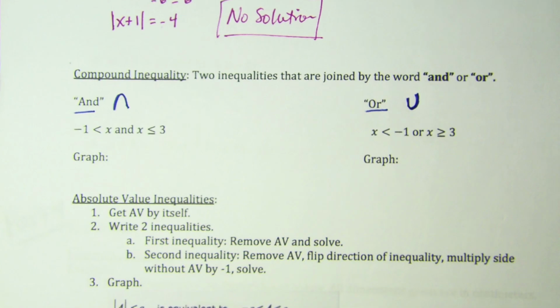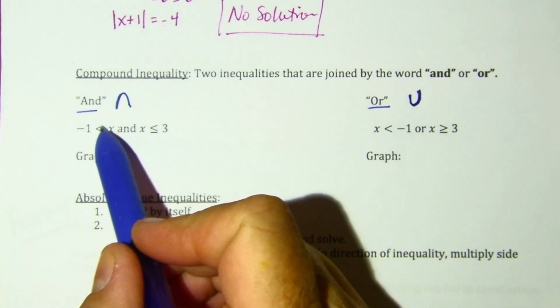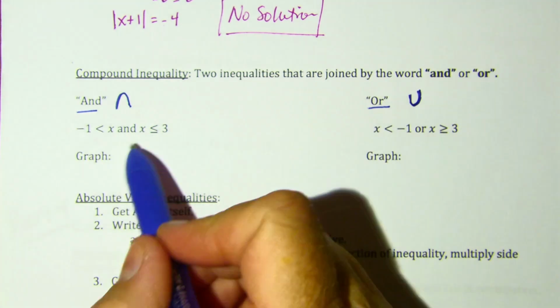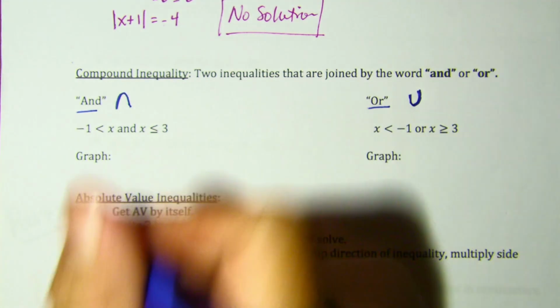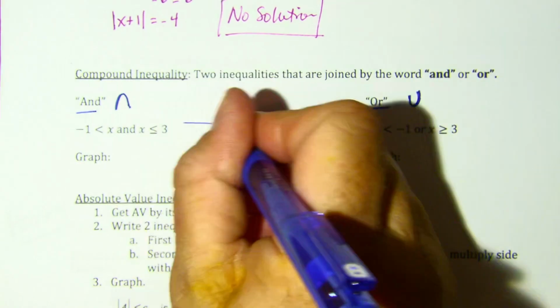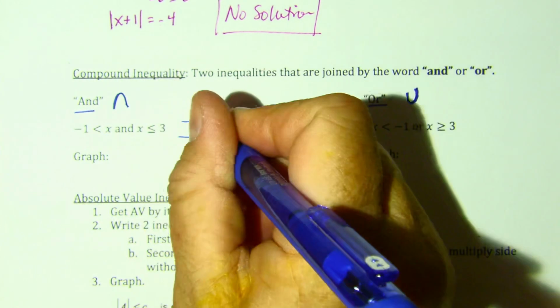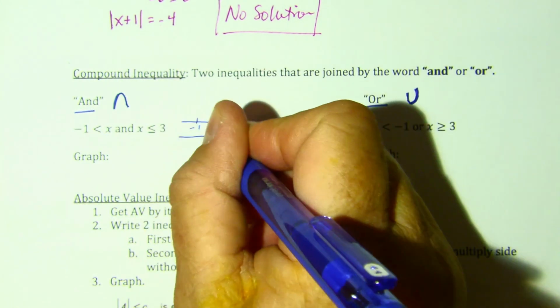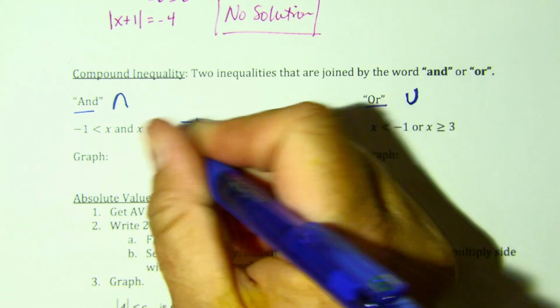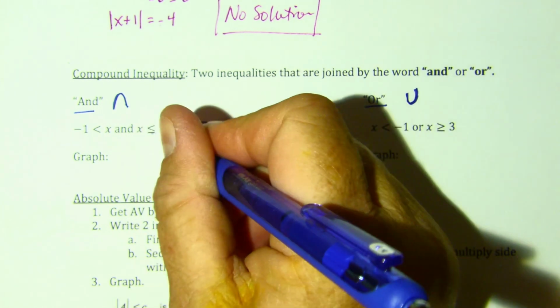So here I have negative 1 is less than x, or in other words, x is bigger than negative 1, and x is less than or equal to 3. So I think it's helpful to look at them separately first. So if I have negative 1 and I have 3, this will be a closed dot because it has the line underneath it, and x is less than 3, so shading this way.